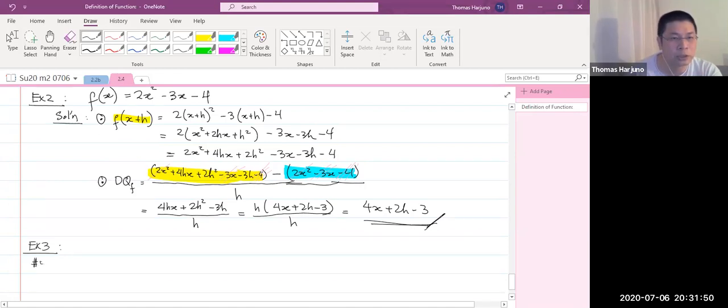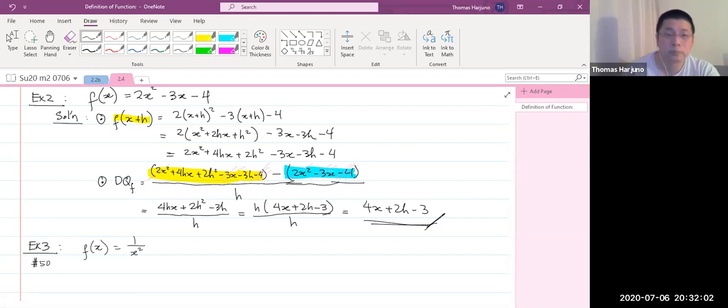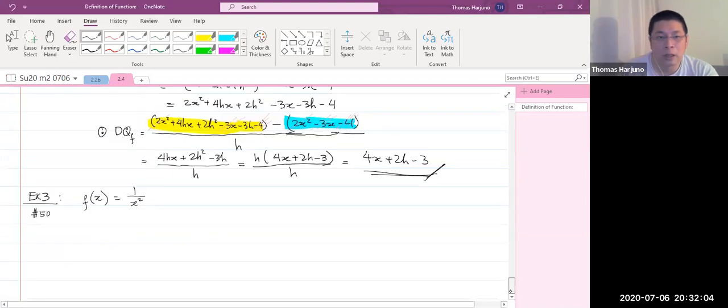Difference quotient of 1 over x squared. Solution. Let's see what happened to f of x plus h. I will not FOIL this though. I will just leave it like this for now.